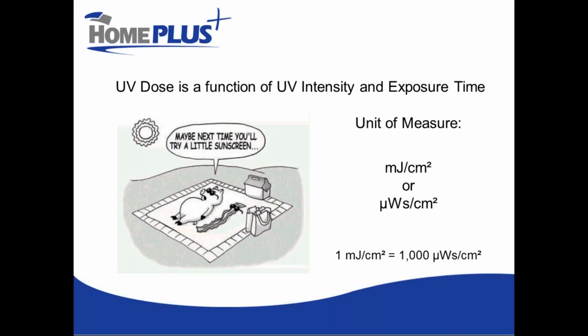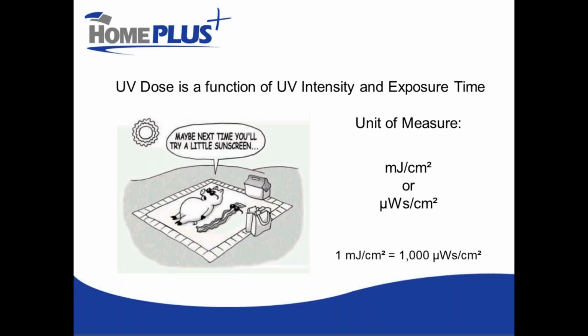That's because the overall dosage that I'm getting is still pretty high, even though it might be a cloudy day. Conversely, if I have very high intensity, I might not need very much exposure time at all to get a sunburn. And essentially, it is the same thing when we're inactivating microorganisms with a UV sterilizer.